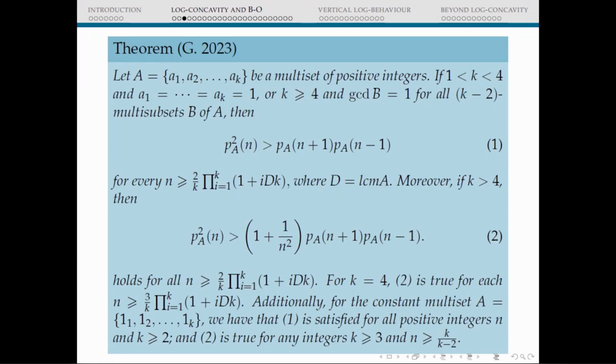Okay, so maybe let me say a few words about the proof. Why are we able to deal with the log-concavity property when A is a finite multiset? Because we have a good understanding of the asymptotic behavior of the corresponding A-partition function.